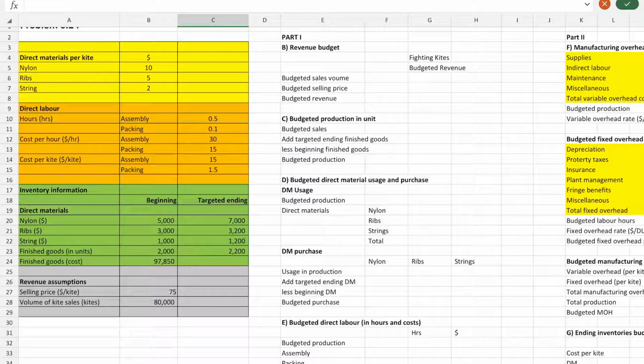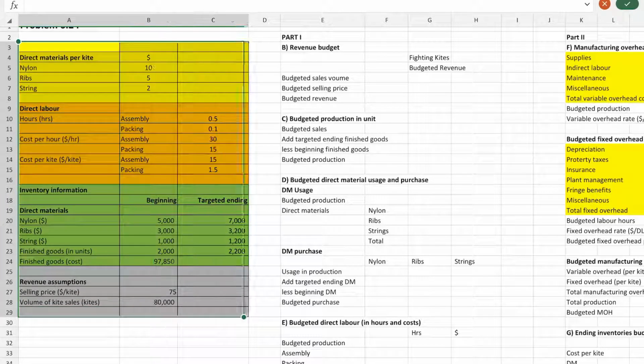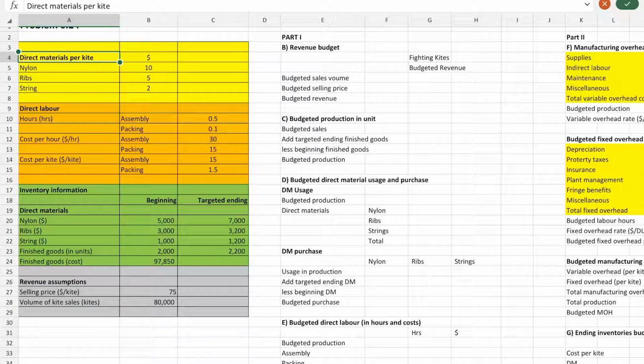As you look at this area on the left-hand side, I have colored this. This is the data input. You see that I put direct materials, direct labor, inventory information, and revenue assumptions all in here, and each piece of information I put in one cell.